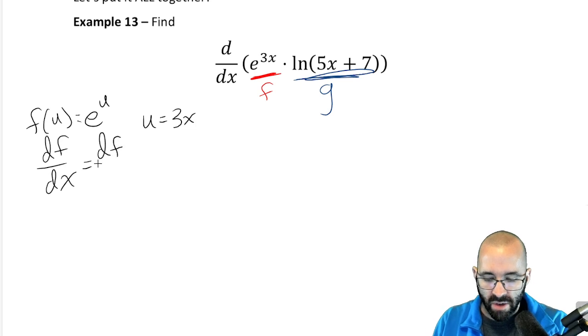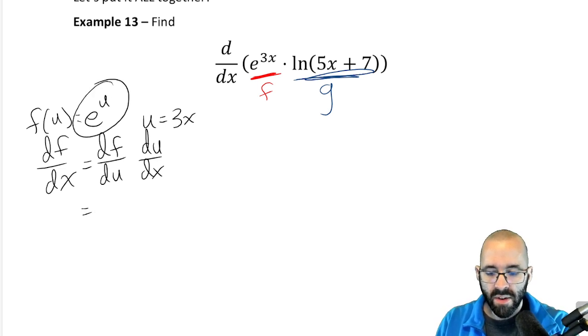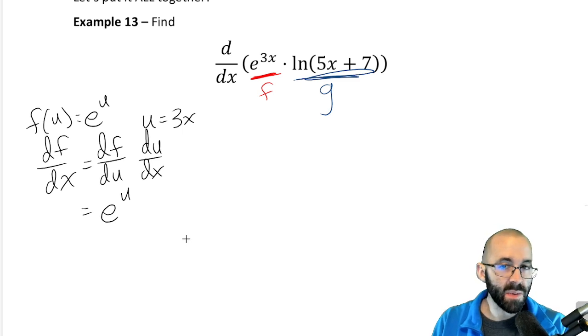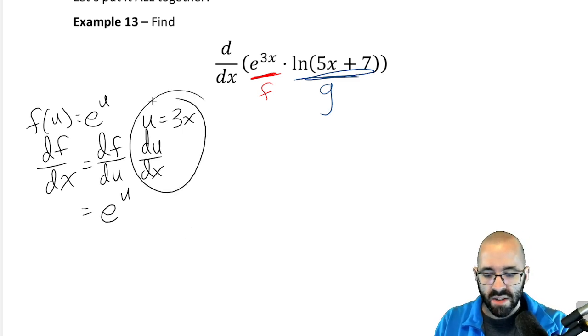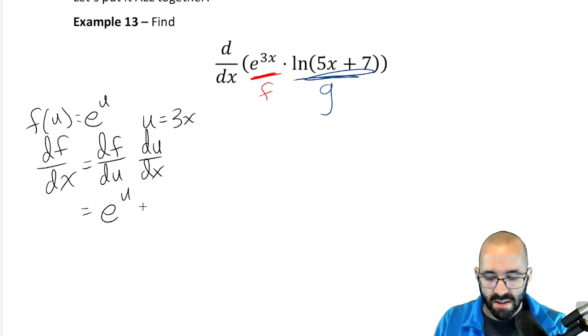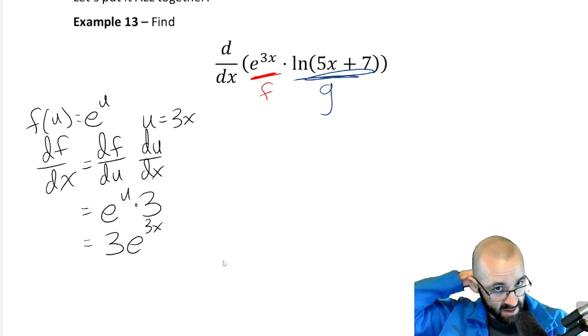That's going to be the derivative of f with respect to u times the derivative of u with respect to x. What's the derivative of f with respect to u? Itself. That's the nice thing about exponentials. What's the derivative of u with respect to x? Just 3. We get 3 times e to the u, and u is 3x.